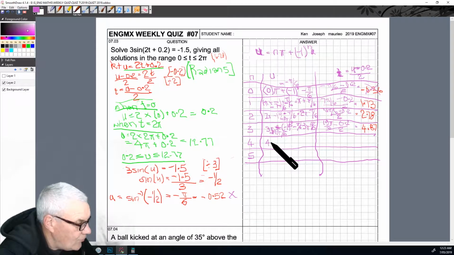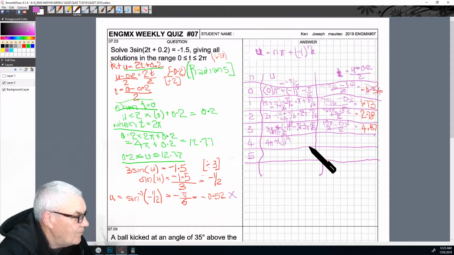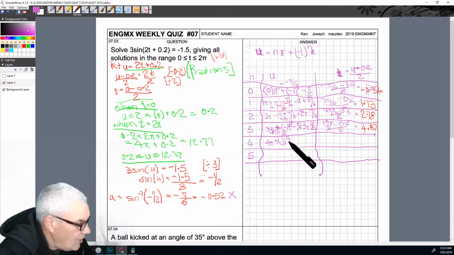So we're going to get 4 pi plus negative 1 to the power of 4, which is going to be positive, times minus pi by 6.